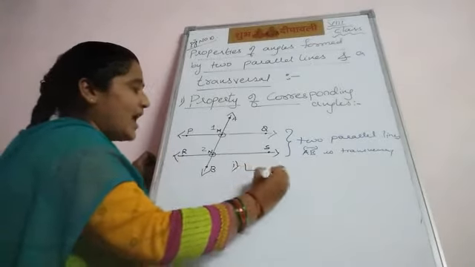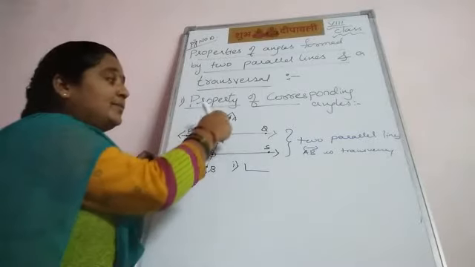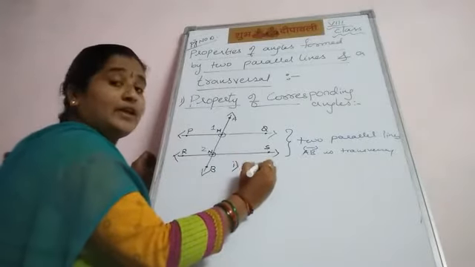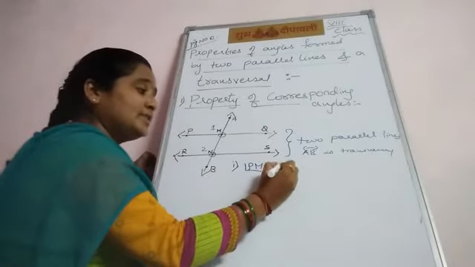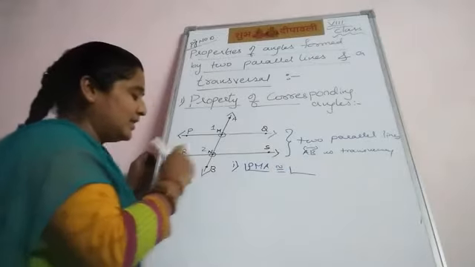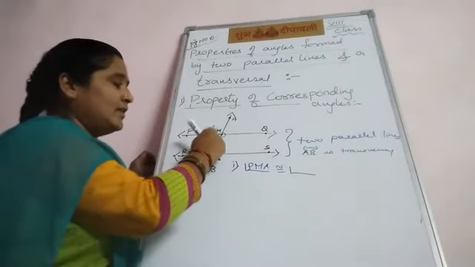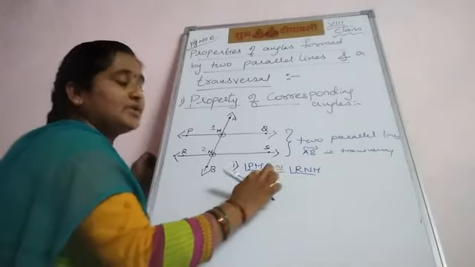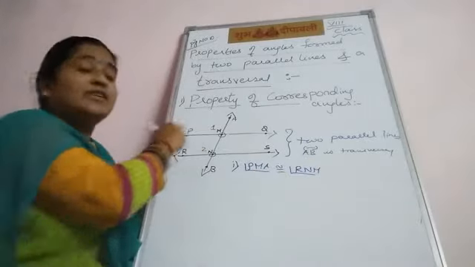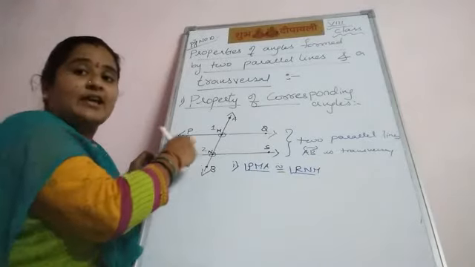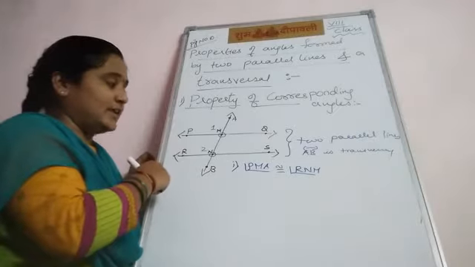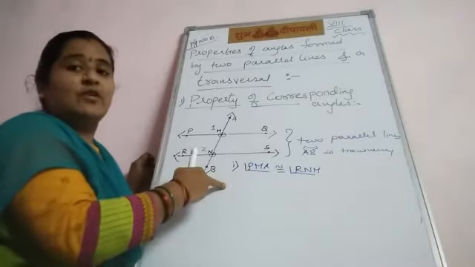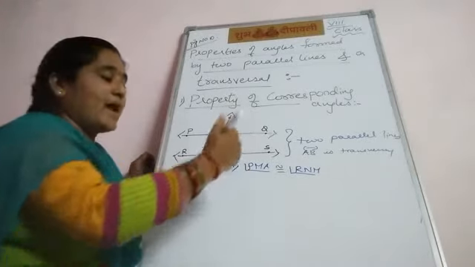First one, angle PMA is congruent to angle RNN. These two angles are congruent. Angle 1 is the exterior angle and angle 2 is the interior angle. Why are these two angles congruent? These two lines are parallel.